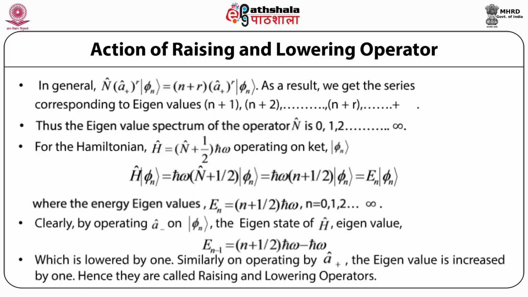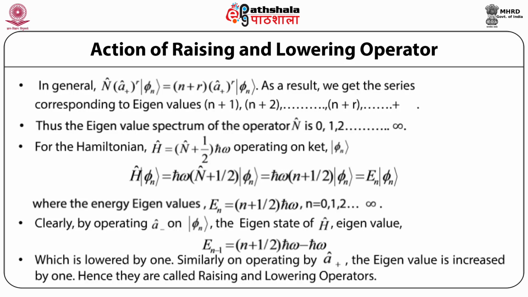Clearly, by operating the lowering operator A minus on the eigenvector phi n, the eigenstate of the Hamiltonian operator H, we get that the corresponding eigenvalue changes to En minus 1, and this is given by En minus 1 is equal to within brackets n plus half whole times h cross omega minus h cross omega.